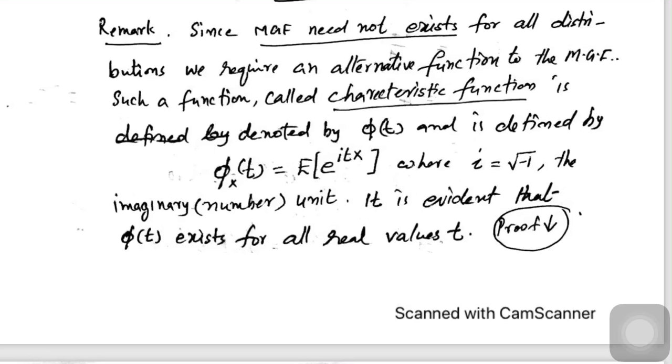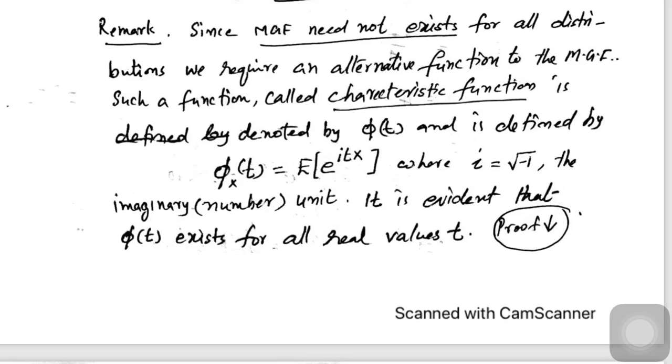We have seen some examples. We have argued that the Cauchy distribution does not have an MGF, and many other distributions do not have a moment generating function. A characteristic function is a better alternative to the moment generating function in the sense that a characteristic function will always exist.